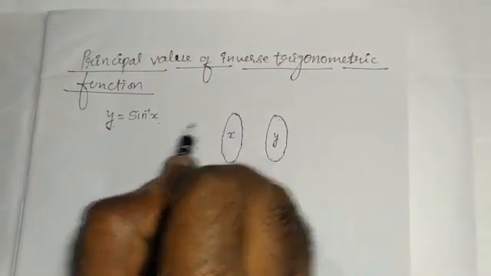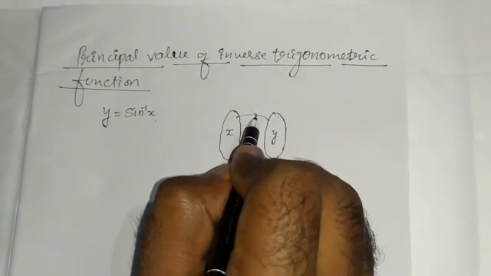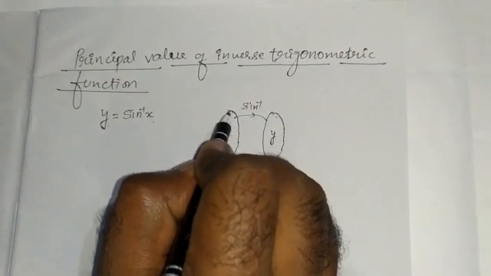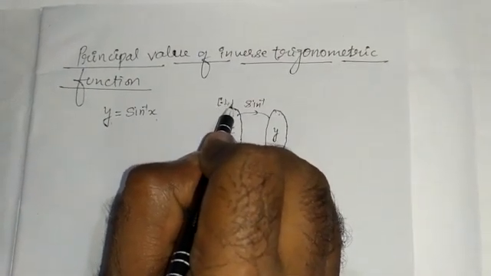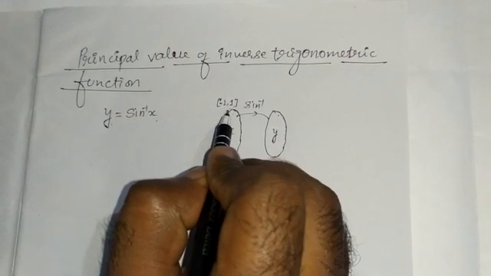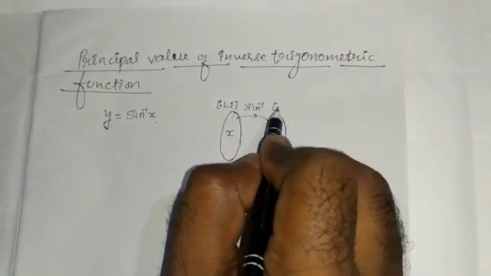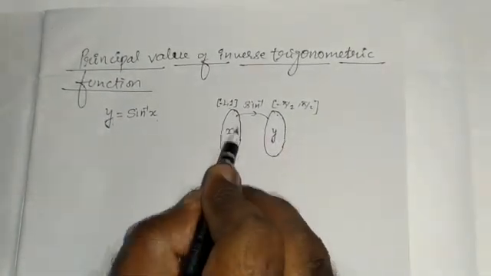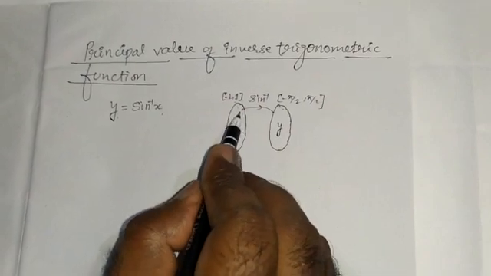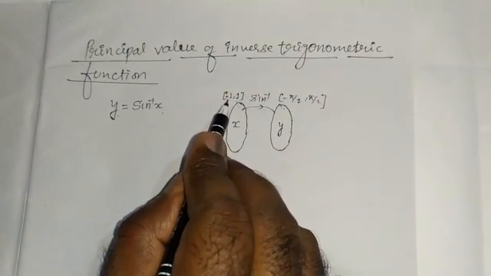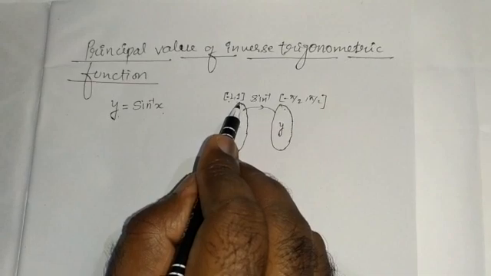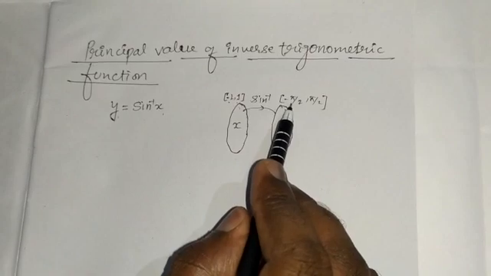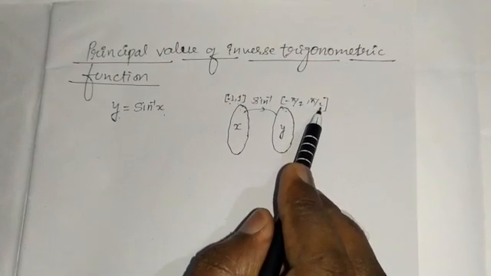For the sine inverse, the domain is the closed interval -1 to 1 and the range is -π/2 to π/2. This set is the collection of all the numbers from -1 to 1, and this set contains all the numbers from -π/2 to π/2.